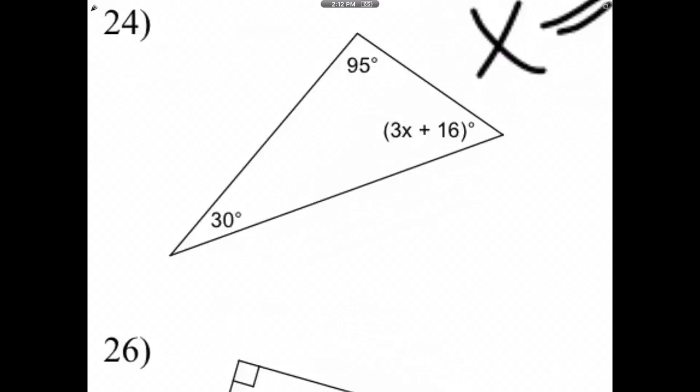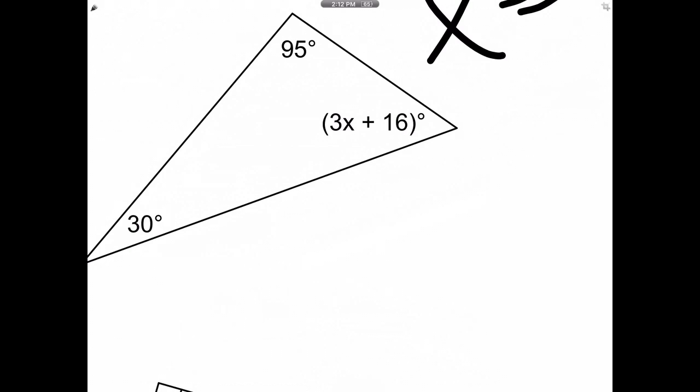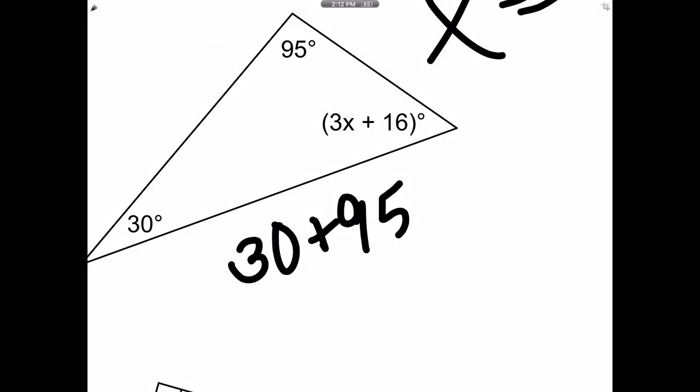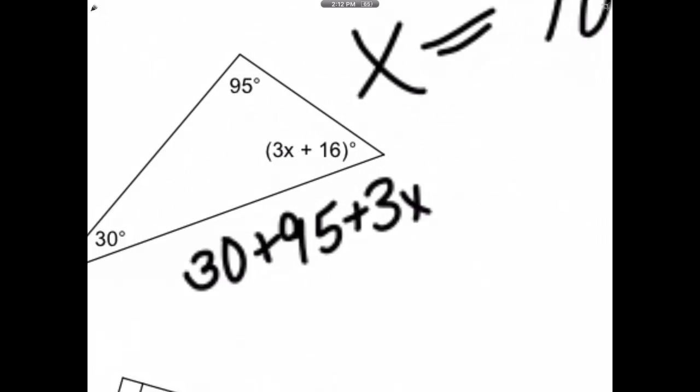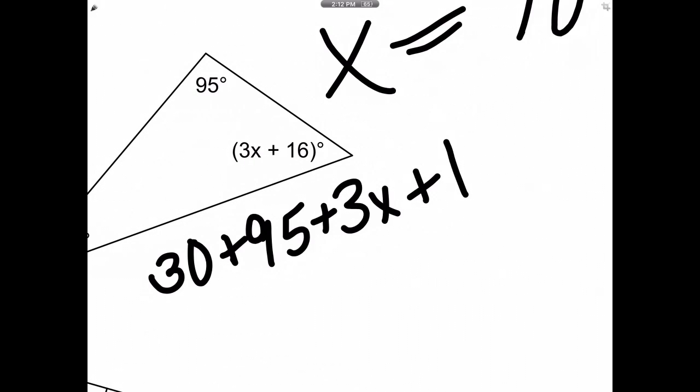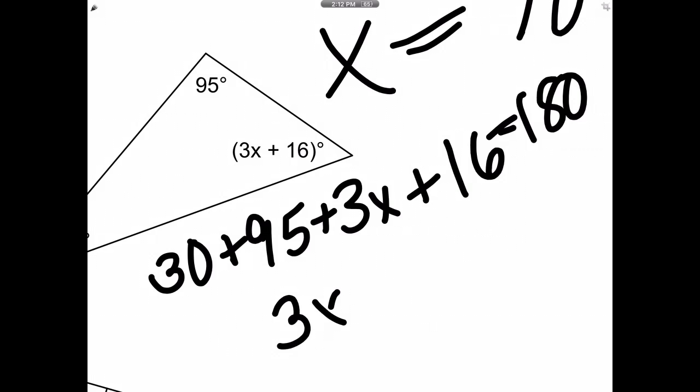Finally, we'll do this triangle right here. And a triangle is 180 degrees, so it's 30 plus 95, and then of course we have plus 3x plus 16 equals 180 degrees. We're going to put the 3x right here. We're going to add all the other numbers.